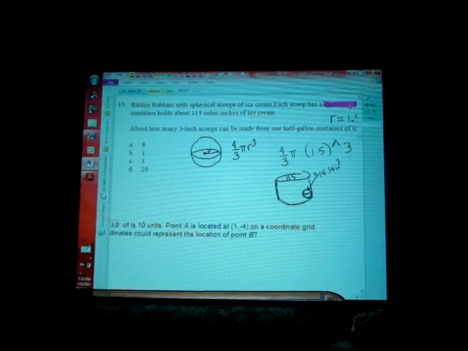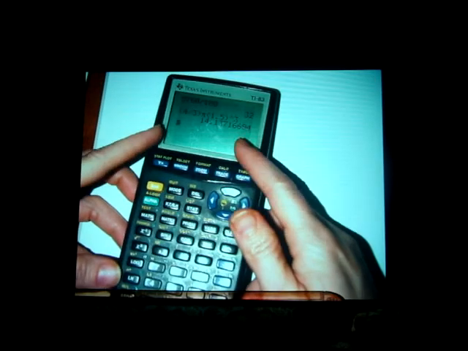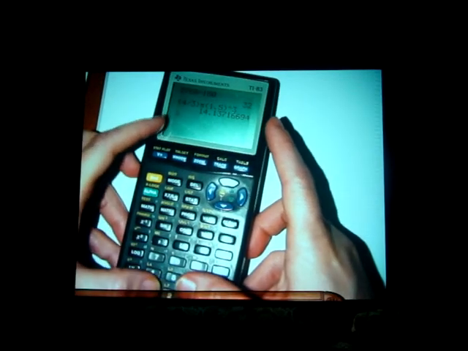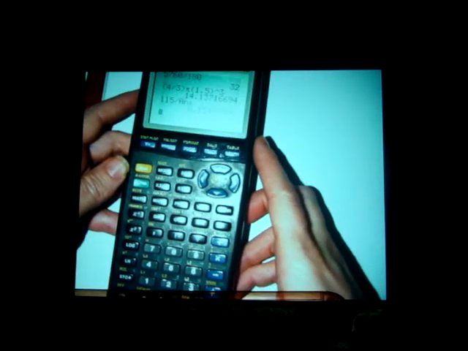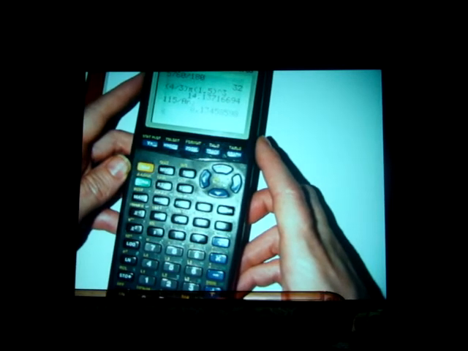You take 115 and divide that by the answer. If you hit second, answer, 115 divided by that, that's about 8 scoops.